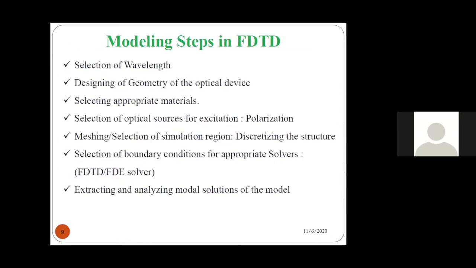Now, let us see what the basic steps involved are. Before starting with any structure in modeling photonic structures using FDTD, first, we should know at what wavelength we are working, and what application we are working on. For that particular wavelength, we should do some literature survey, or study some existing papers. We should know the various calculations, all those calculations we should have. Then we can go for designing that particular geometry.